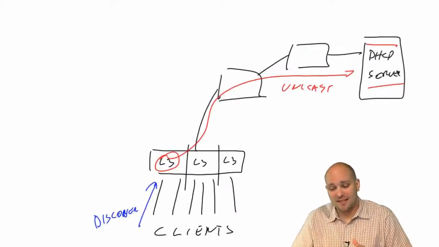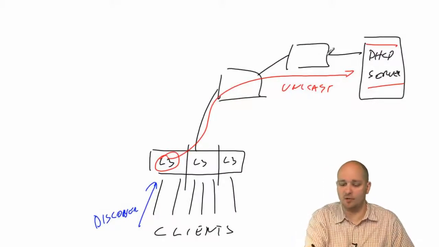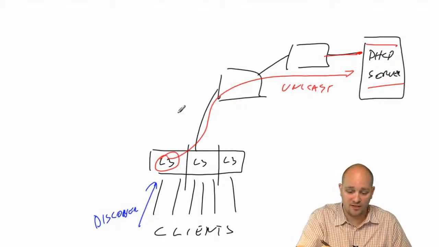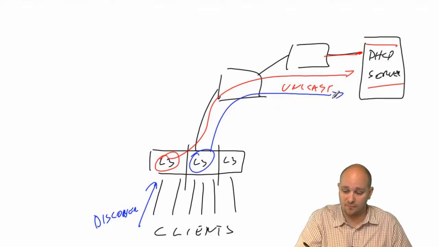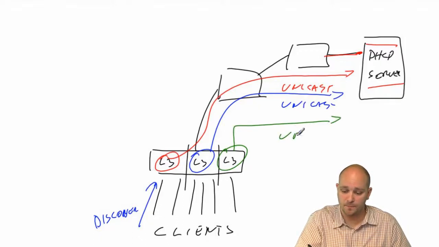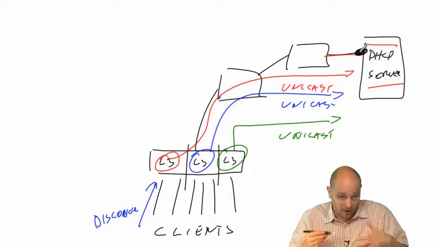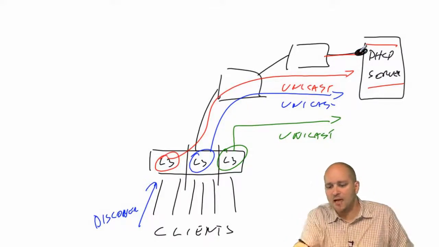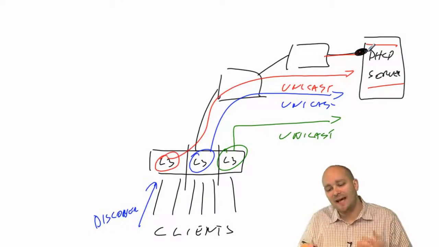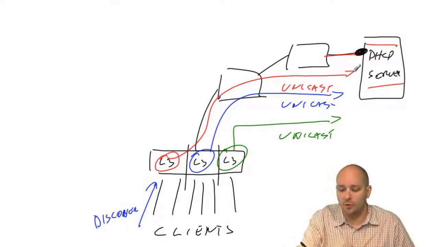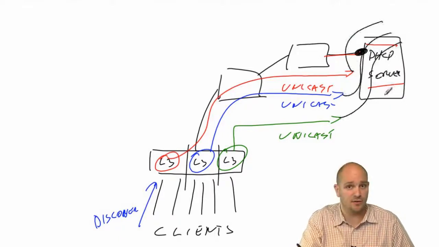Now, in this case here, where we have a centralized DHCP server, all requests from all these 3 VLANs, so this is another VLAN, again unicast, and this is the 3rd VLAN here, again unicast, all these three requests are going to be arriving on the same interface, or they could be arriving on the same interface. So the server here doesn't really have enough information to determine that this is one pool, that this is the second pool, and that this here is the third pool.